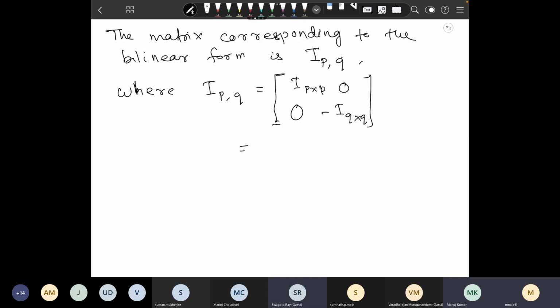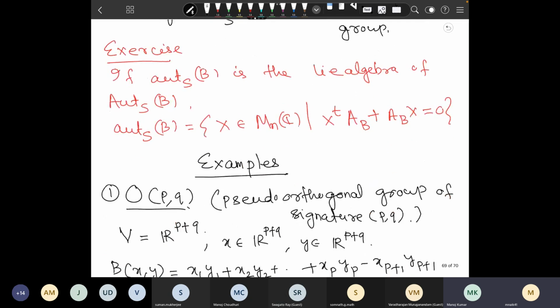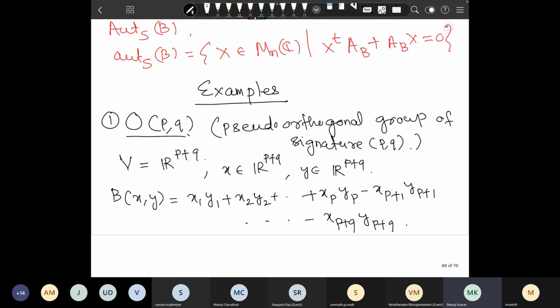So this is the canonical basis, actually the standard basis. I am fixing this standard basis here.